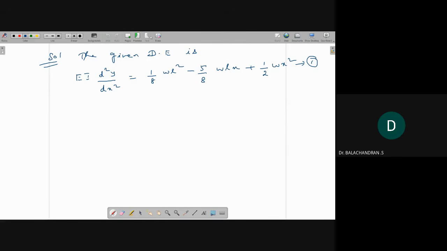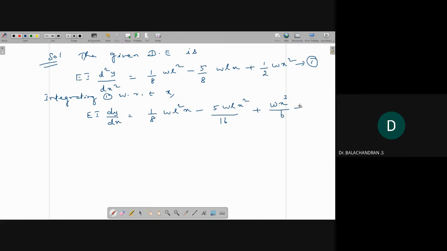Integrating 1 with respect to x, you'll get EI dy by dx equal to 1 by 8 omega L square x minus 5 omega L x square by 16 plus omega x cube by 6 plus a.